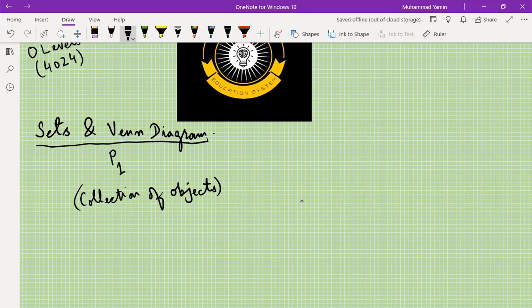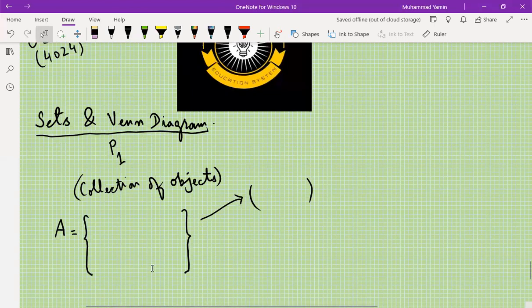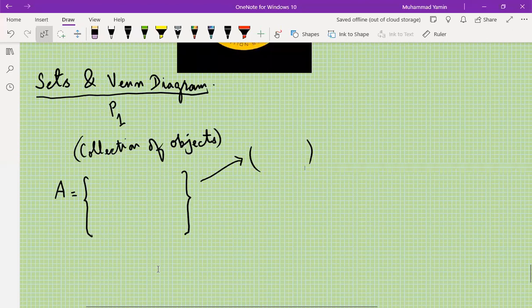It is first of all represented with the help of a single capital letter, and it is enclosed in curly brackets. But if you cannot draw the curly brackets, then you can draw simple brackets as well. It will not be a question in which you will not be marked. But if you are not able to draw the curly bracket, you can simply draw a simple bracket also.